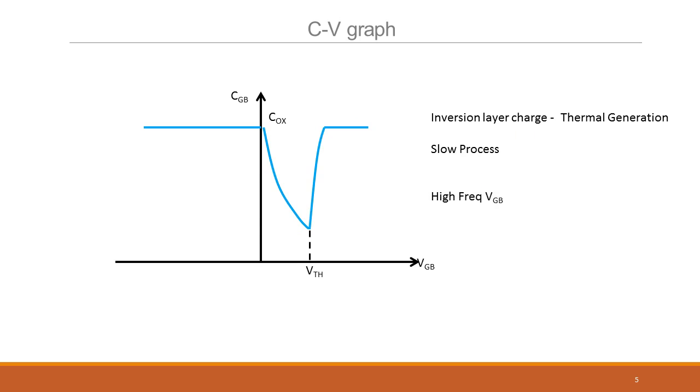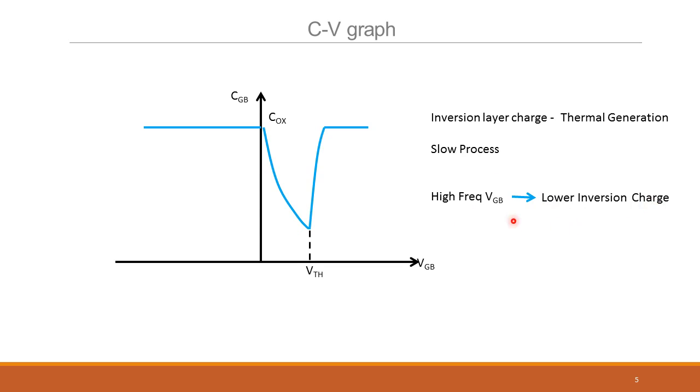So what happens if the frequency of VGB is high? Let's say you bias it and then give a very high frequency. Will the charge in the inversion region, which is the electrons in this case, change as fast as VGB changes? That is not going to be true, because it is limited by the number of electrons available which are thermally generated, which means it will reduce the inversion layer charge.